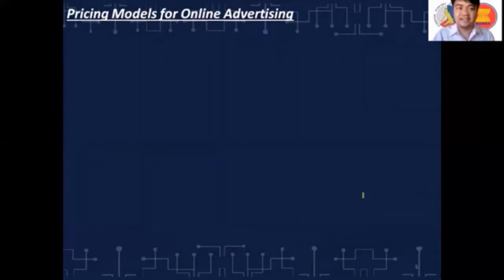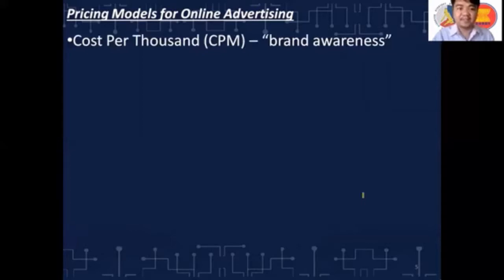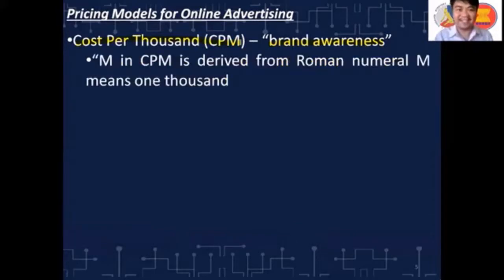Okay. Ito po yung pricing scheme. Ano naman po itong mga pricing scheme na to? If you want to advertise at gusto mong maging aware ang mga tao sa brand mo, yung brand awareness, you may use, or magbabayad ka po doon sa advertiser ng cost per thousand. Teka muna, cost per thousand pero CPM. CPM, di ba dapat CPT? So tingnan natin.